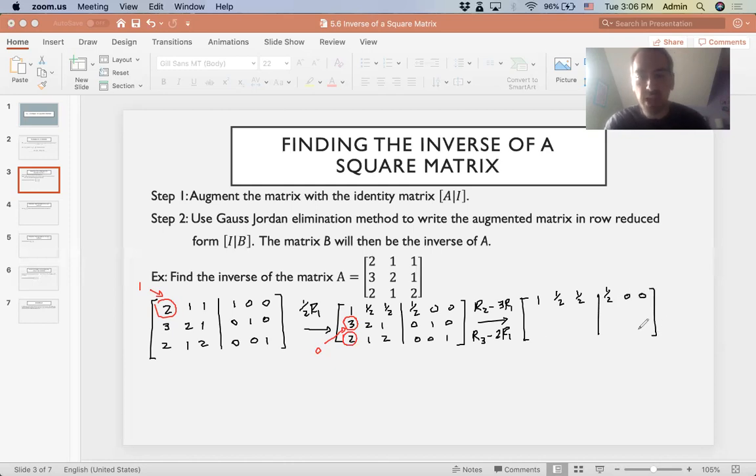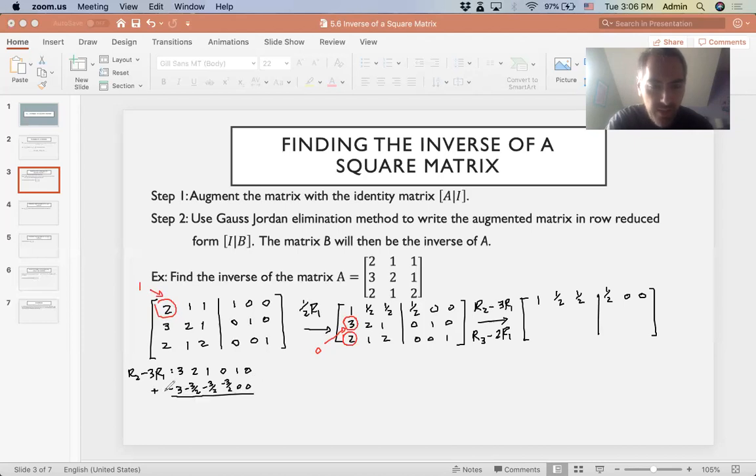We're not doing anything to the first row, but we do need to change the second and third row. I'm going to come over here to the margin and work that out. So R2 - 3 times R1. That's 3, 2, 1, 0, 1, 0. And -3 times R1, that is -3 times a -3/2. All of these are -3/2 here, then 0, 0.